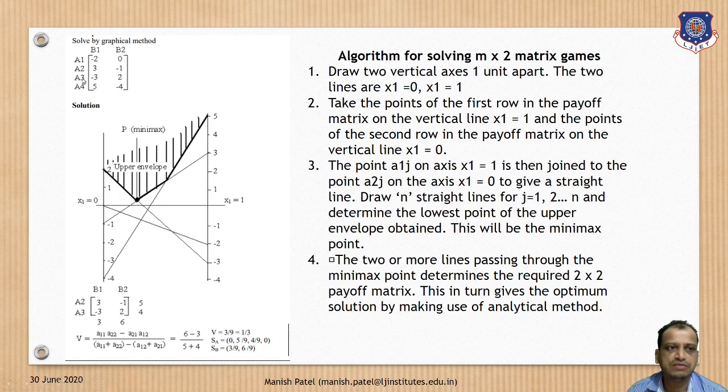So the rest of them we will neglect, A1 and A4, and A2 and A3 we will take into this matrix, and you will get a 2 cross 2 matrix. With the help of this formula, or the algebraic method, or the shortcut method, you can find out the value of game, which comes out to be 1 by 3, and you can also find out the optimal strategies of player A and player B. Clear? So in this way you can solve for the value of game with the help of the graphical method.